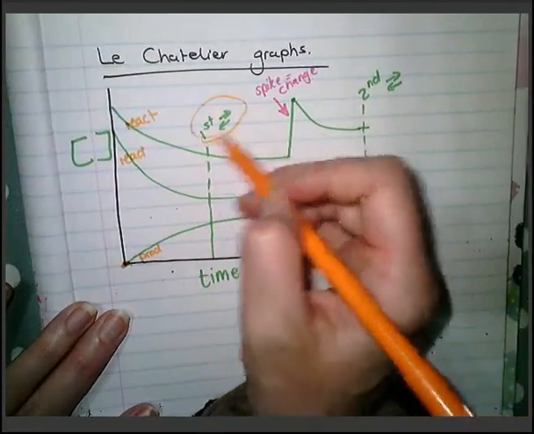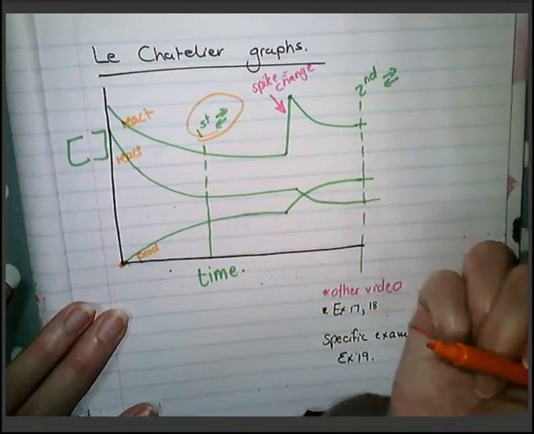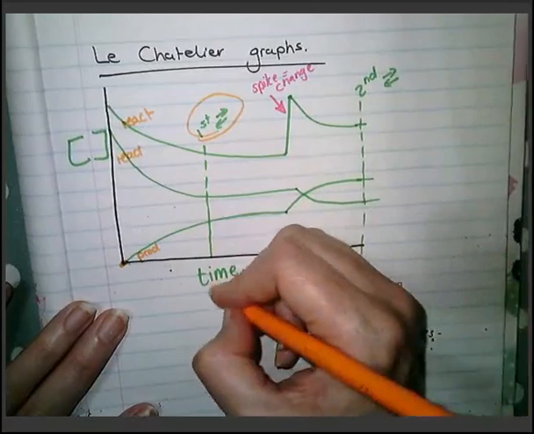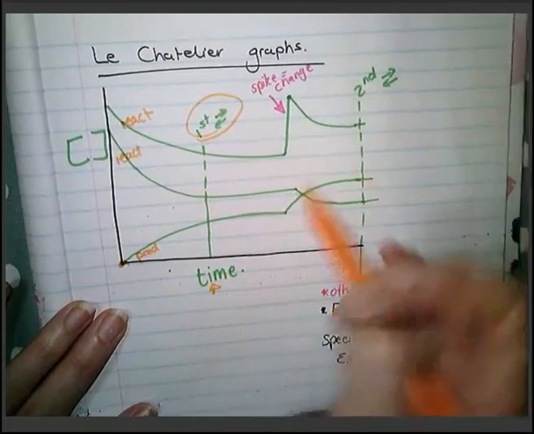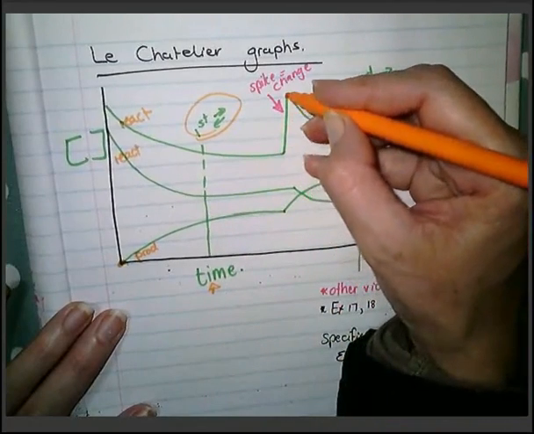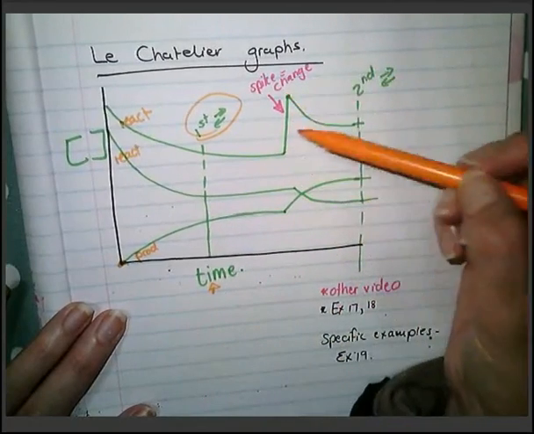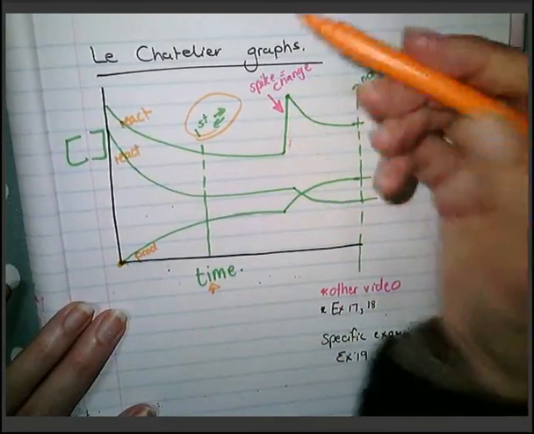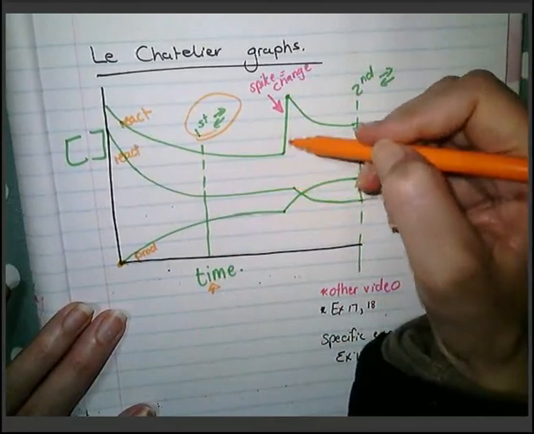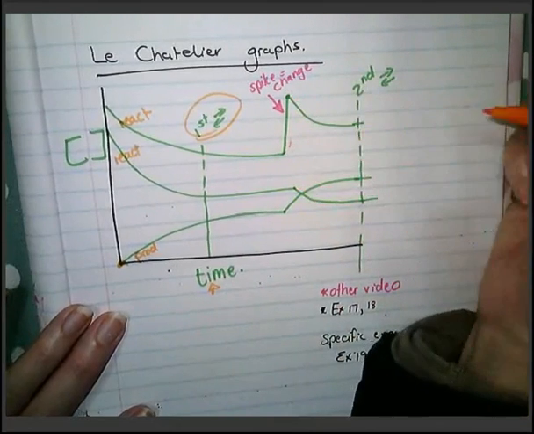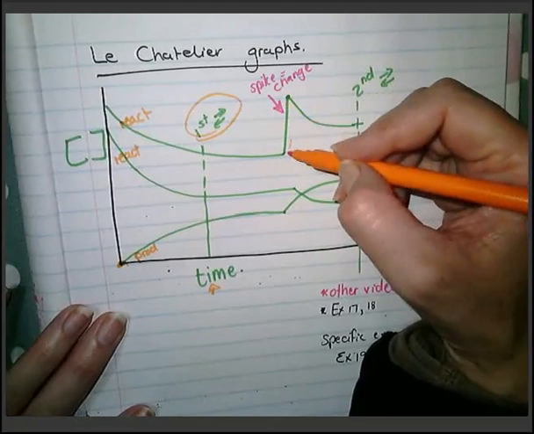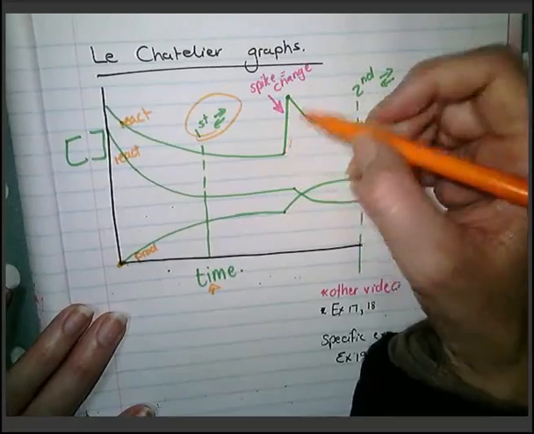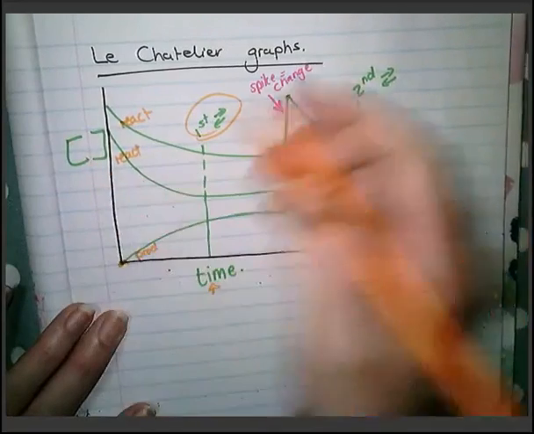So that's the point of first equilibrium. Right. Now equilibrium goes on, and then there's a sudden change. You will see that there's only one spike, and that spike is what the change was.